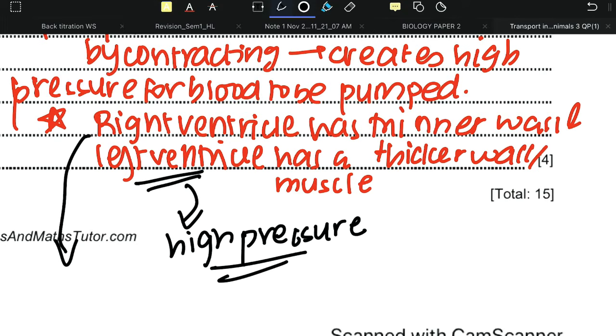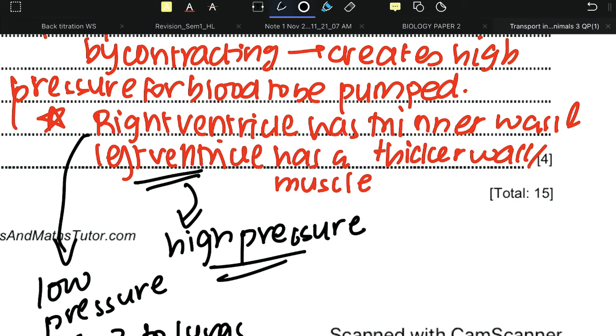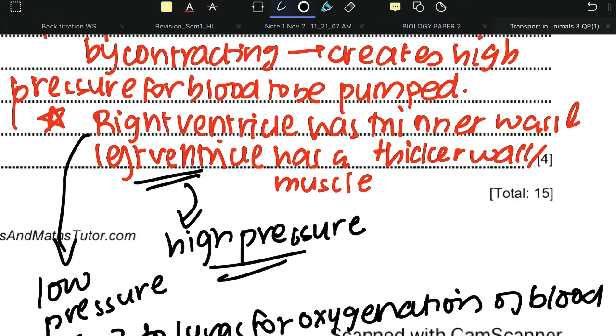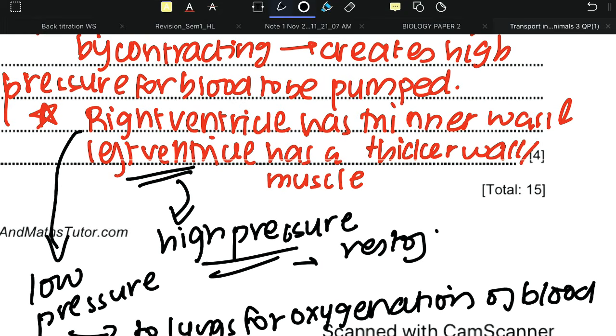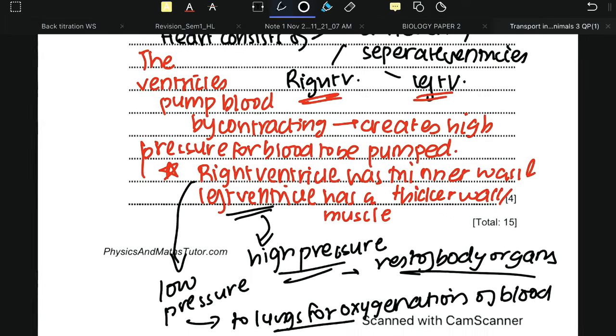Right, so the right ventricle has a thinner wall, which is why it pumps the blood at low pressure. Okay, this happens to the lungs for oxygenation of blood, and this happens to the rest of the body organs. All right, so that is your answer.